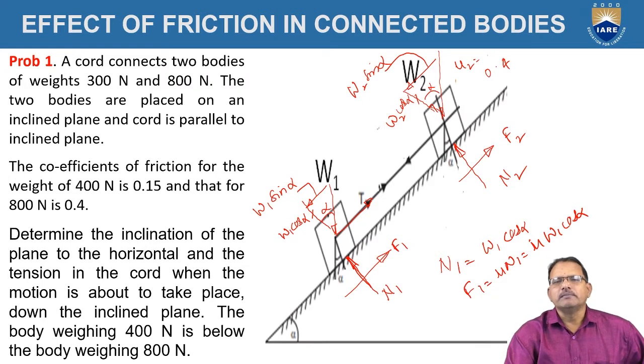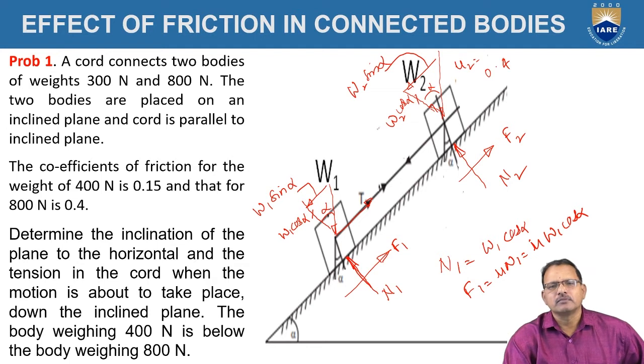Since the body is in equilibrium and the forces are concurrent, we have to consider only two equilibrium equations: sigma Fx equal to 0, that is, the sum of the components of forces acting along the plane should be equal to 0, and the sum of the forces acting perpendicular to the plane also equal to 0.